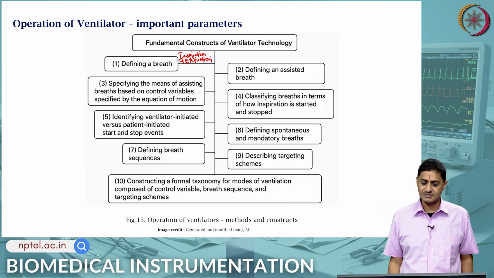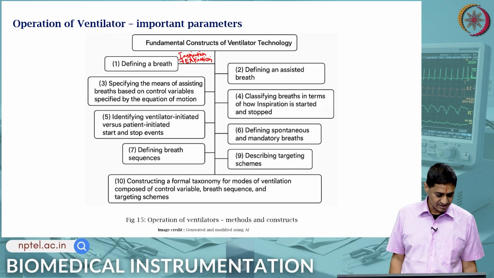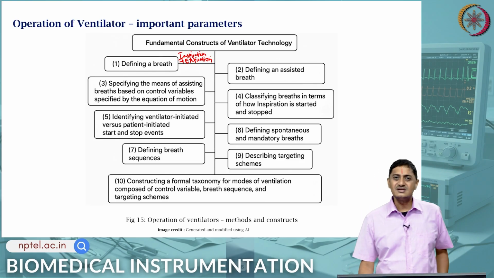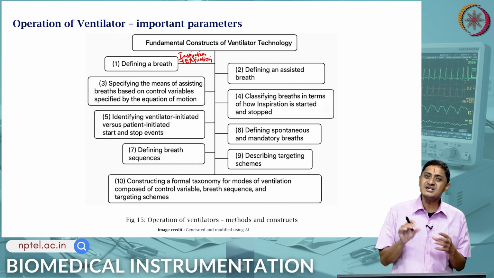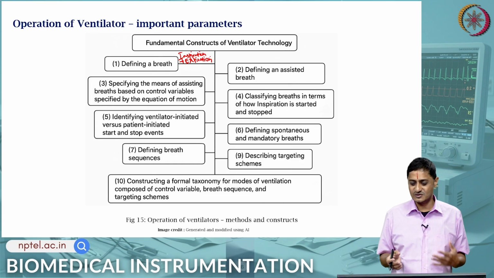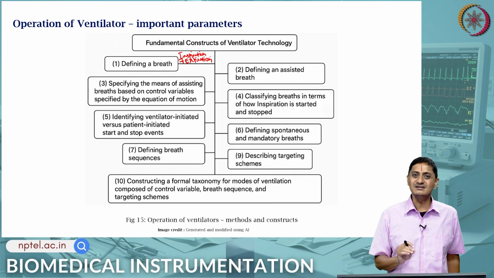Okay, that is a breath. What is an assisted breath? Assisted means what? Assisted is the breath that distinguishes patient effort versus machine effort. So, that means there is going to be some assistance, some help, some support that is provided by the ventilator machine, the system. Okay.